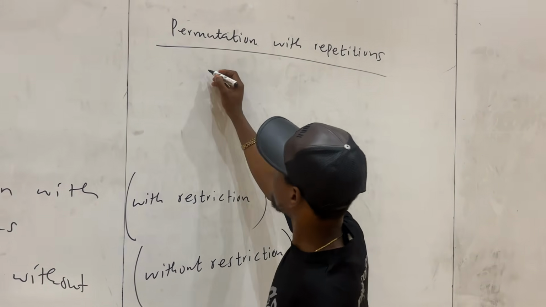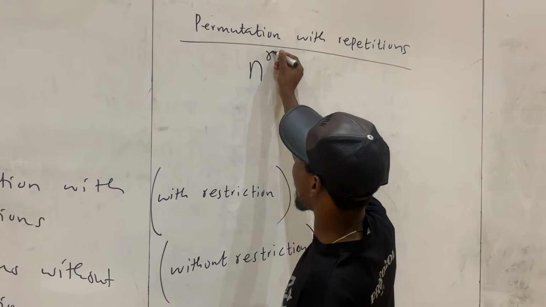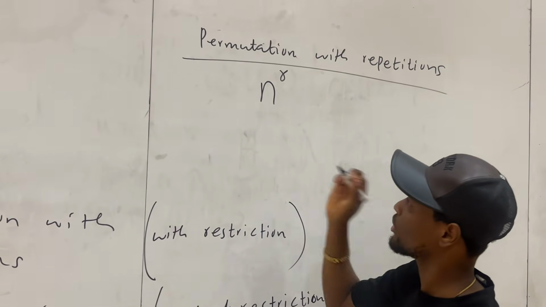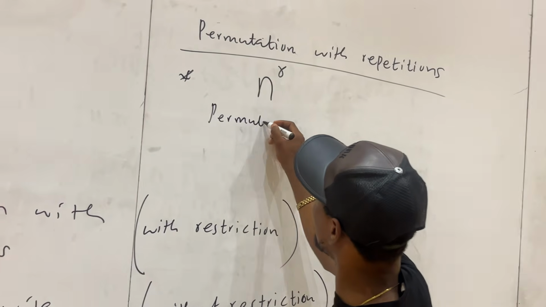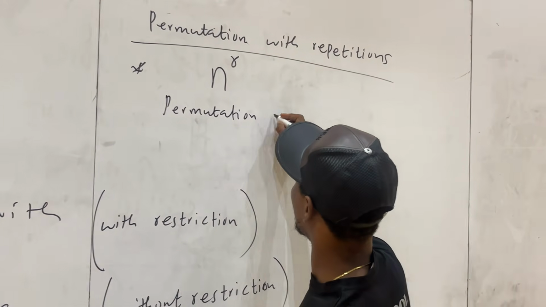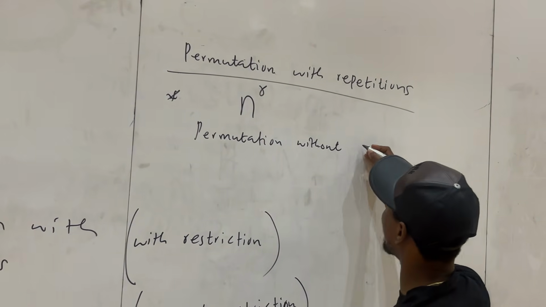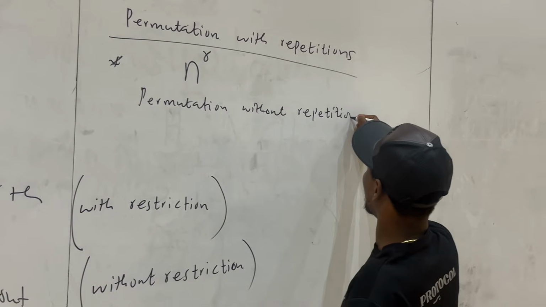So we have n raised to the power r. I know this is new, right? But let's see something. We also have permutations without restrictions, or permutations without repetition.